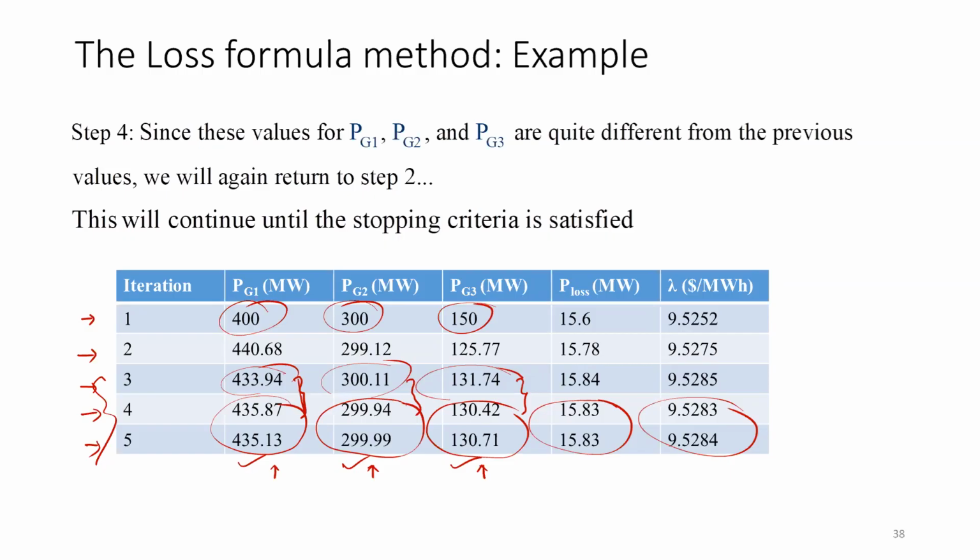Sir, while performing the calculation, do we necessarily need to draw a table for each iteration, like 1, 2, 3, 4, 5? Is making a table just like this necessary? No, making a table like this is not necessary.